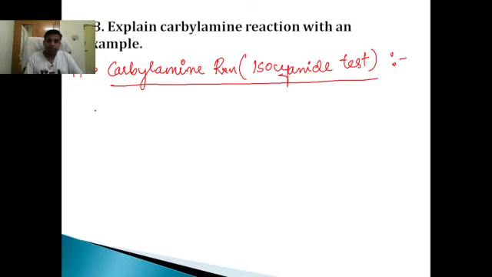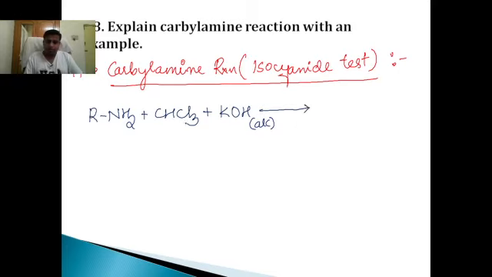Primary amines react with a mixture of chloroform and alcoholic potash. You have to mention alcoholic potash. How many chlorine atoms are there? 3. Therefore, take 3 molecules of alcoholic potash. 3K plus Cl3 gives 3 molecules of KCl, isn't it?